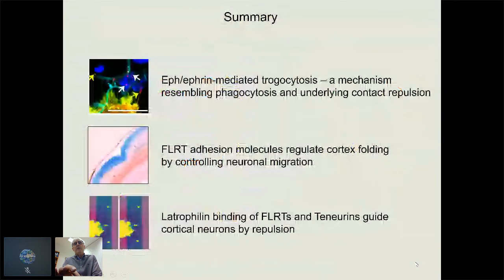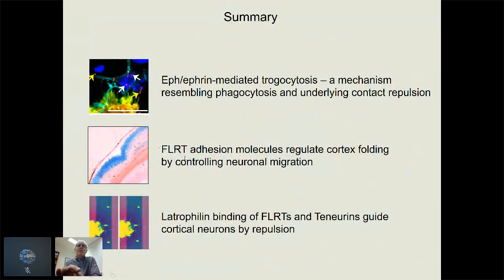So in summary, here's what I talked about: a short excursion into Ephrin signaling, where I showed you a summary of a story on trogocytosis, a process that resembles phagocytosis and basically allows the repulsion, the detachment of the cells to happen.